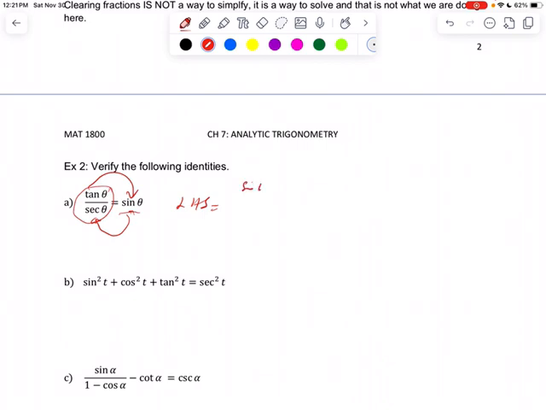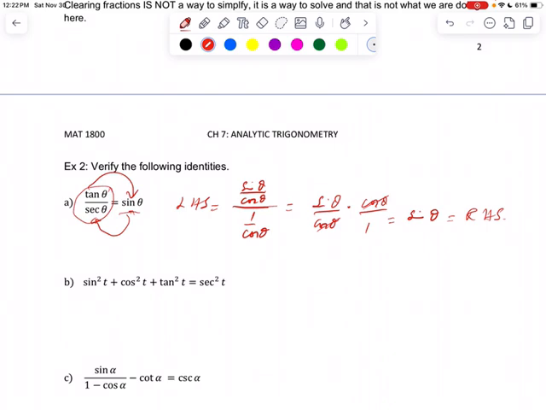So tangent will be sine of theta over cosine of theta, whole divided by 1 over cosine theta, which can now be written as sine theta over cosine theta times cosine theta over 1. So cosine and cosine cancel out, you end up getting sine of theta, which is the same thing as you have on the right hand side. So we are done. Okay.